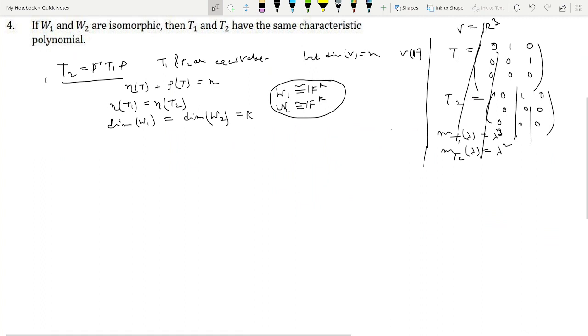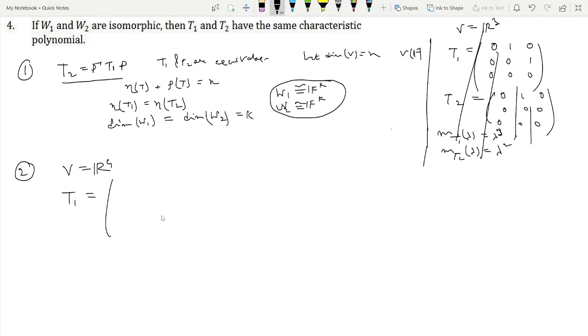This is for option 1 and this is for option 2. Let us now take V equal to R4, and T1 is taken as two Jordan blocks of order 2. So the first one is this and this, and the other elements are 0.